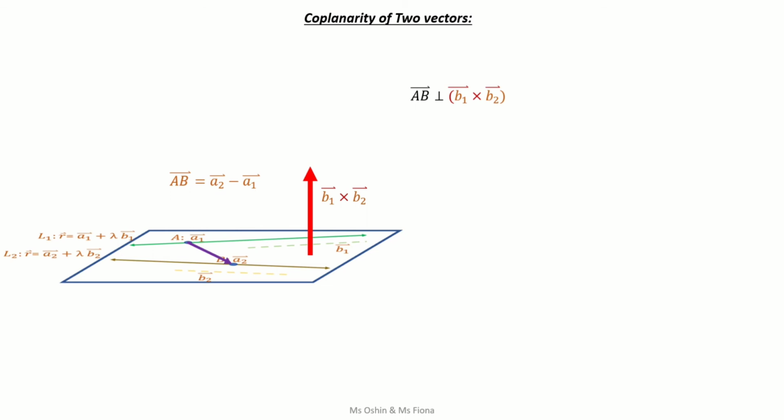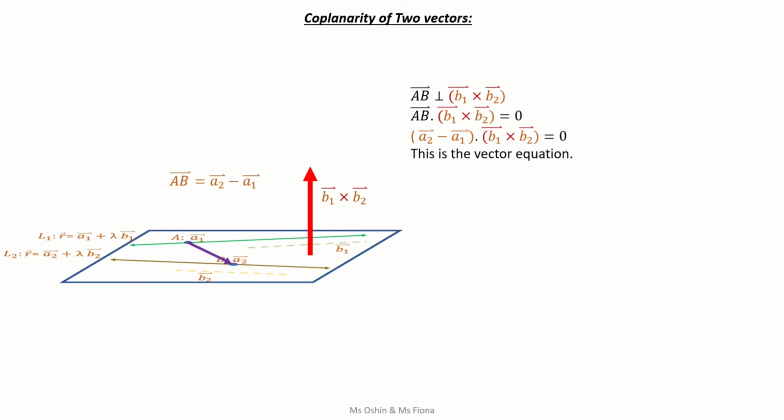Since they are perpendicular, their dot product will be equal to 0. AB vector can be given as a2 vector minus a1 vector. So substituting, we get a2 vector minus a1 vector dot b1 vector cross b2 vector is equal to 0. This is the vector equation.